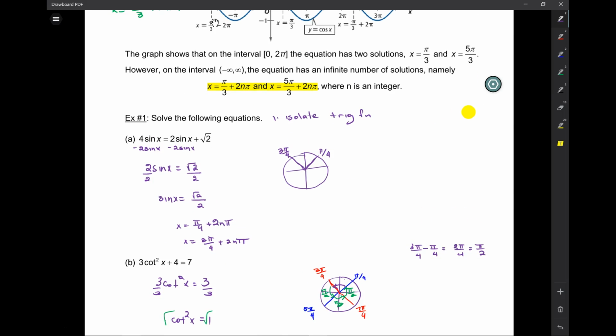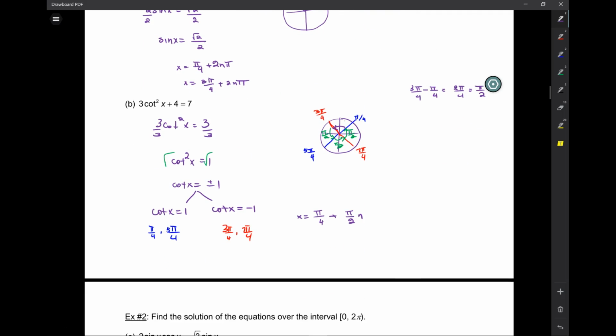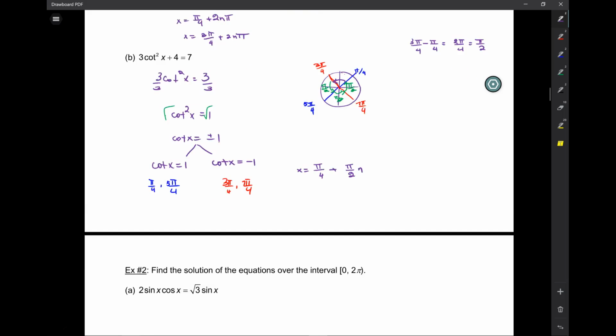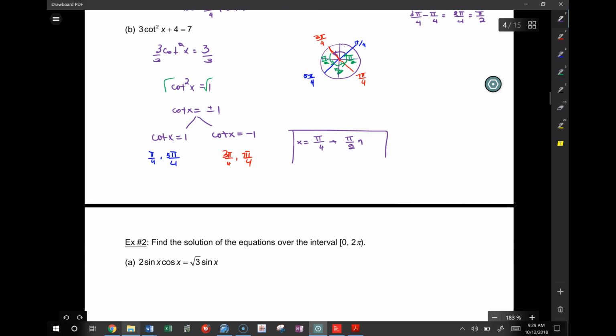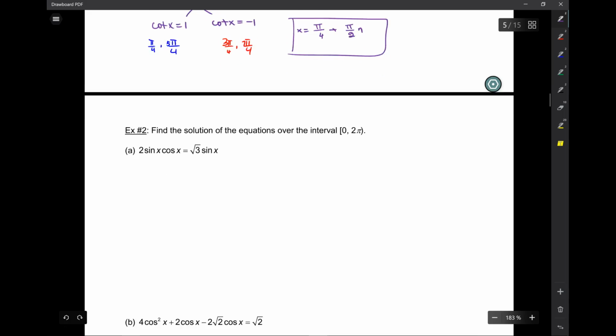Here, we couldn't do that, because the distance from pi over 4 to 3 pi over 4 isn't equal to the distance to go back to pi over 4, so we had to do them separately. When the divisions are equal between all of the angles, then you combine them into this. All right, we'll do more and see what it looks like.